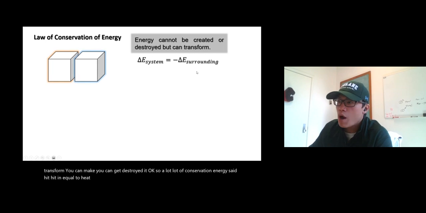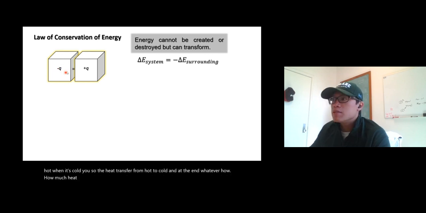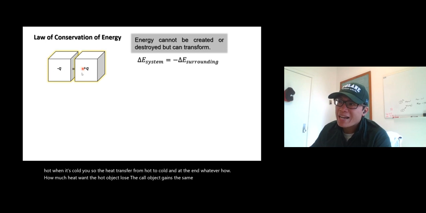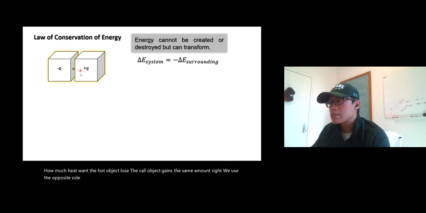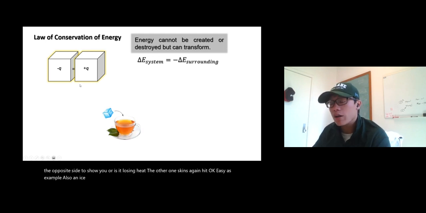Basically, for example, if you have two objects, one hot, one cold, the heat transfers from hot to cold, and at the end, how much heat the hot object loses, the cold object gains the same amount. We use the opposite signs just to show you that one is losing heat, the other is gaining heat. An easy example: an ice cube put into hot tea.